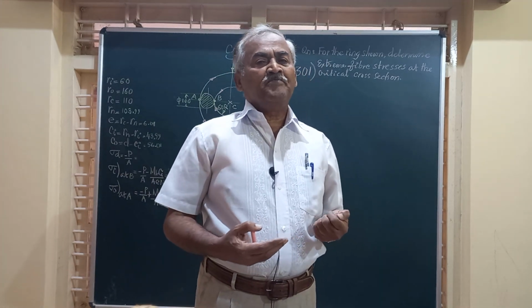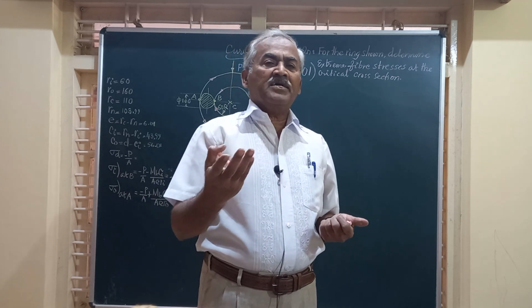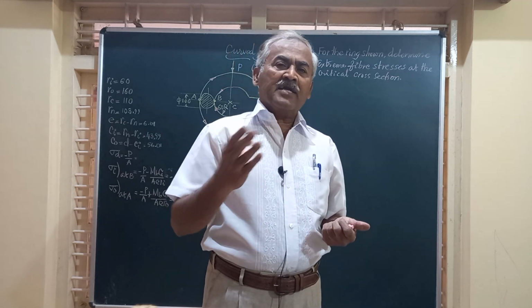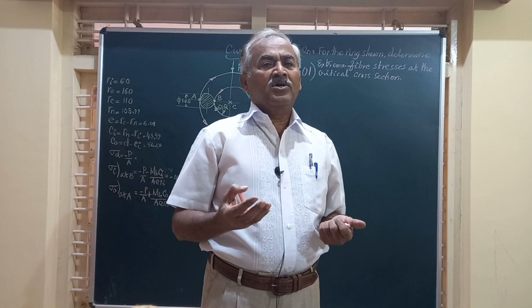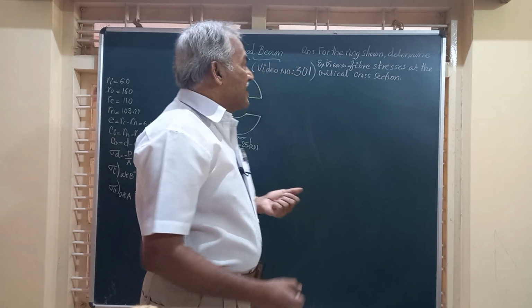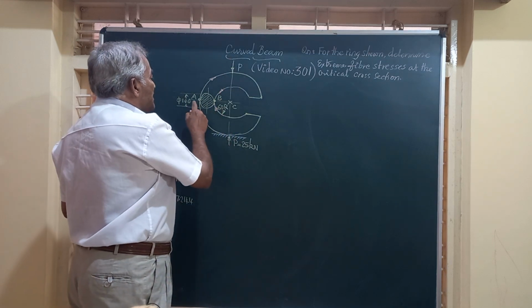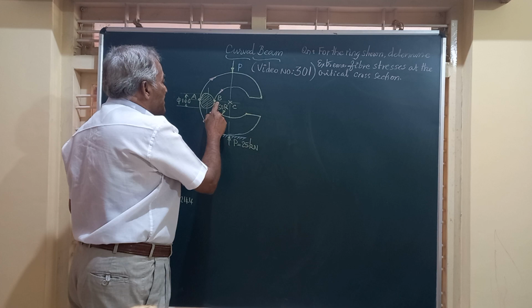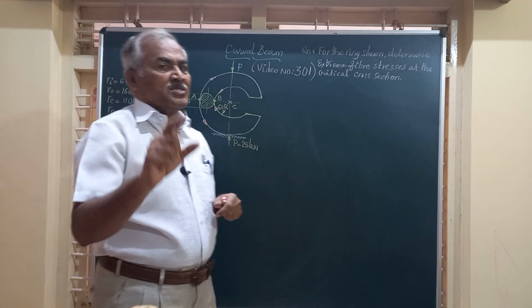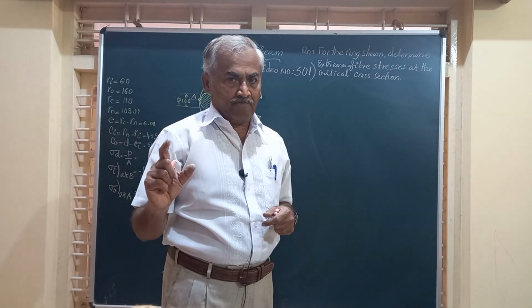You know the load, the cross section is given to us, that is circular cross section. The area is pi d square by 4, and hence you will be able to calculate what is the value of the direct stress. And friends, remember, because of this load P, the critical cross section AB is subjected to the direct load, which is compressive in nature.